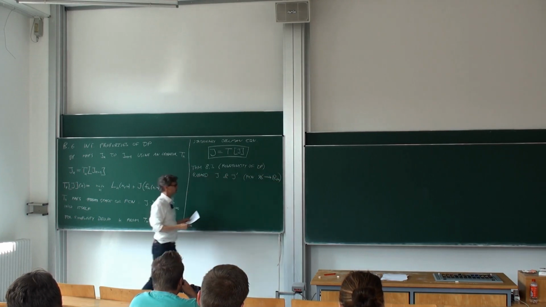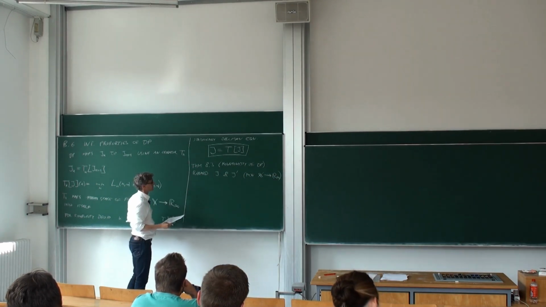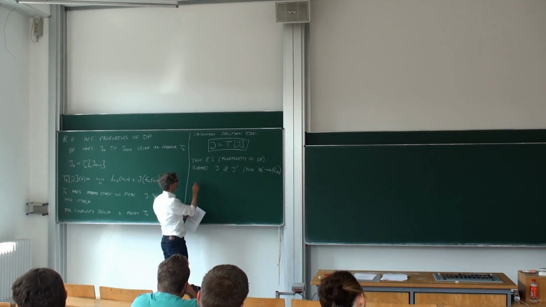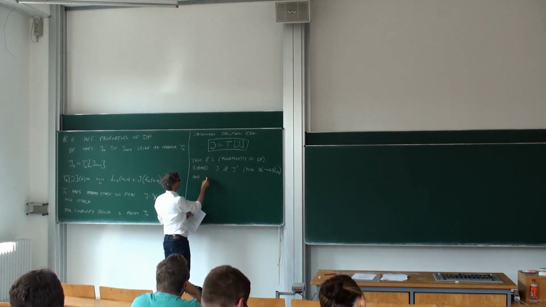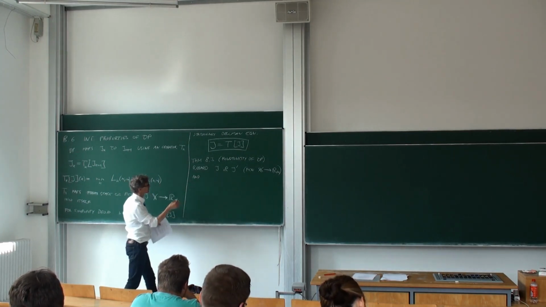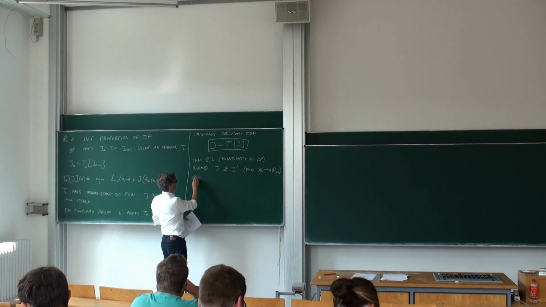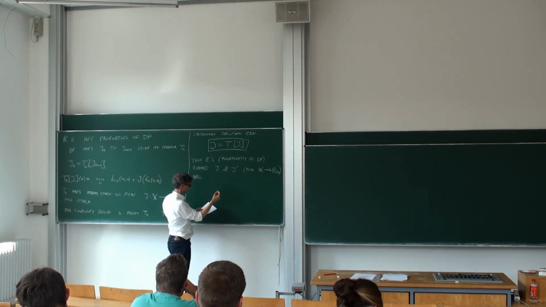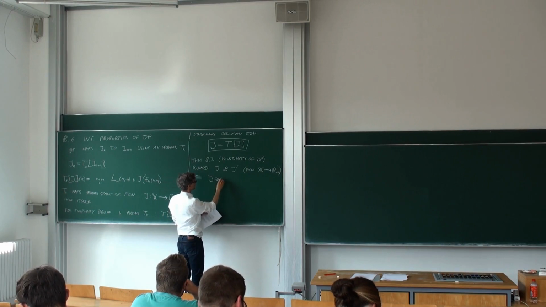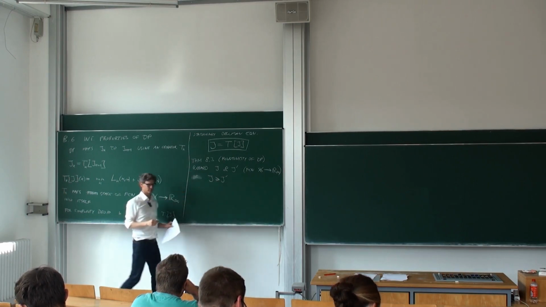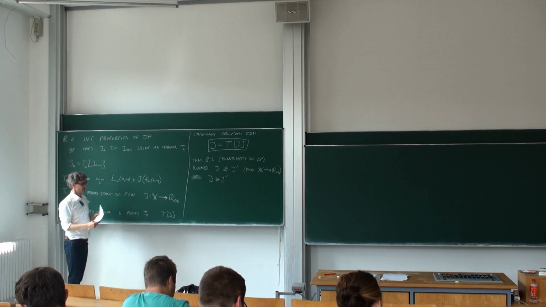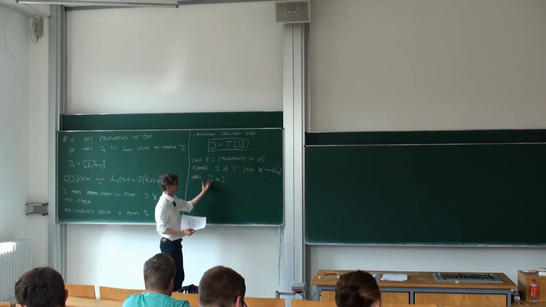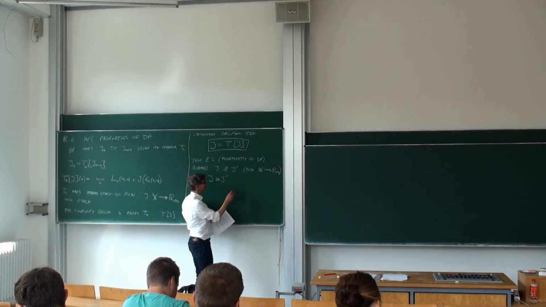So just such functions. What we will assume, or actually the theorem says, if one of them is bigger than the other, if J is bigger than J prime. And of course we need to define this relation. What do we mean by one function being bigger than the other, point-wise?